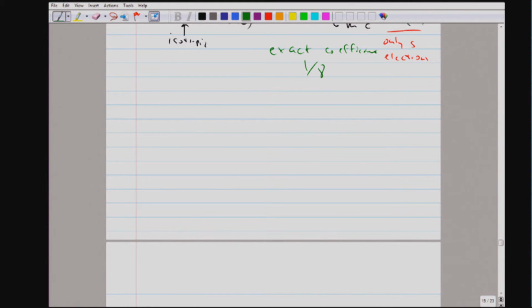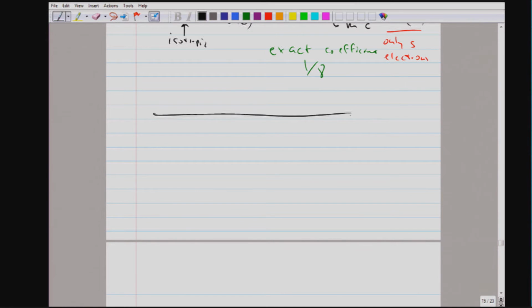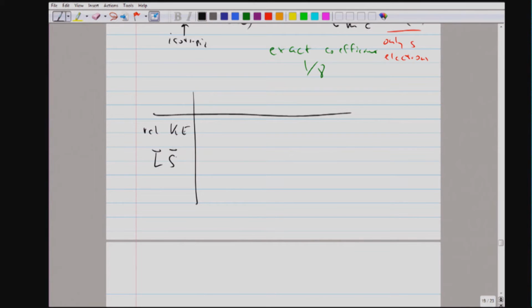Okay, so let us summarize. For the fine structure, we have 3 different terms, and they all have a different signature. We have the relativistic kinetic energy correction, we have the spin-orbit coupling, and we have the Darwin term. We can now ask which term contributes for an s electron.